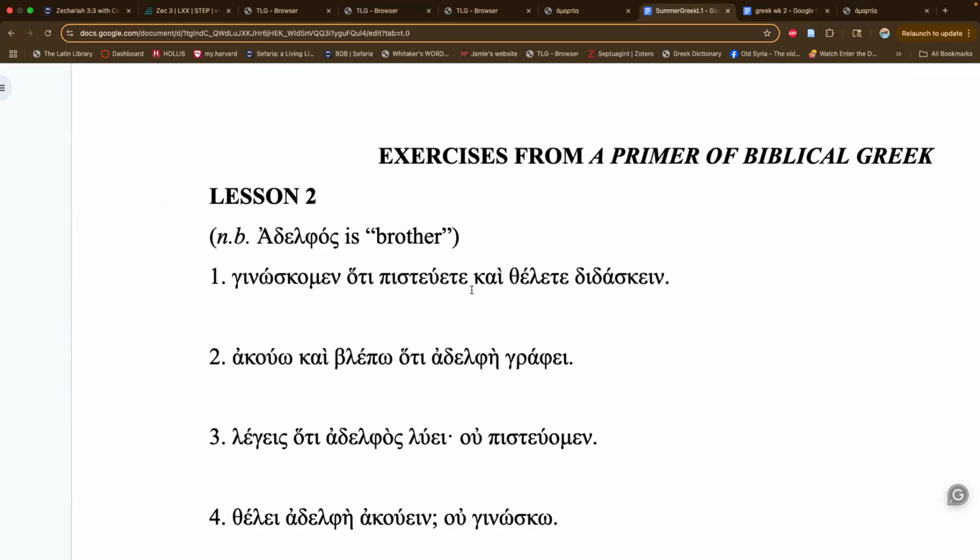So we know that you believe, and thelete, from thelo, you wish. And then didaskein is an infinitive, which often goes with verbs like wishing. So ginoskomen hoti pisteuete kai thelete didaskein is we know that you believe and you wish to teach. Yes.